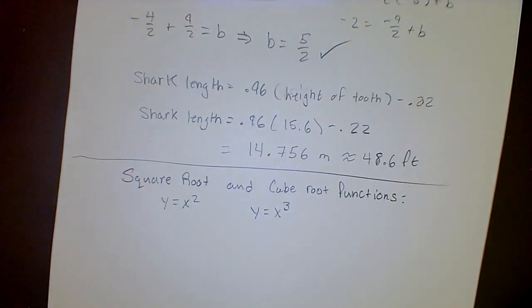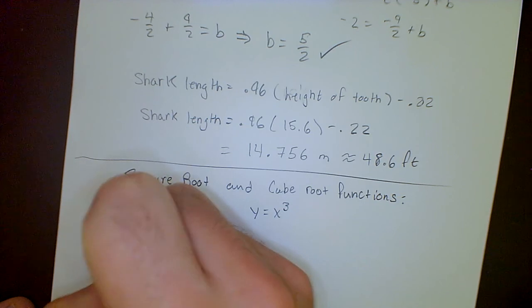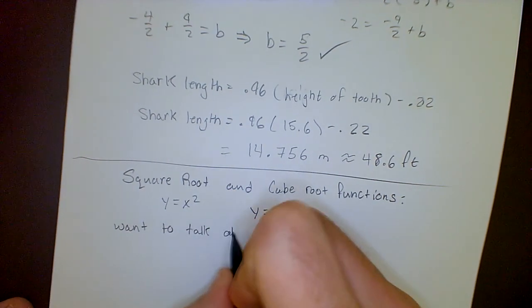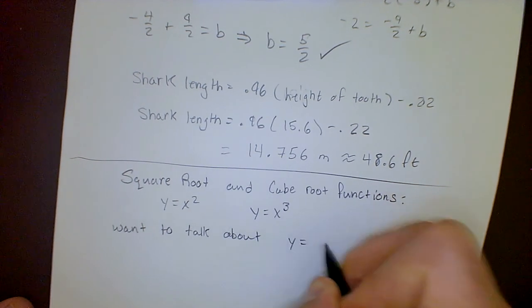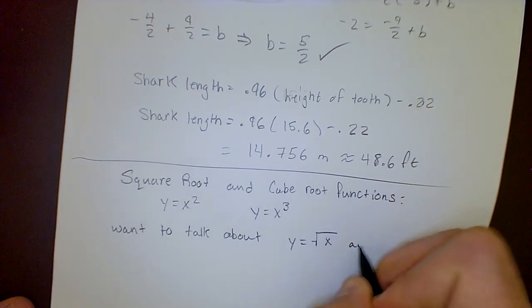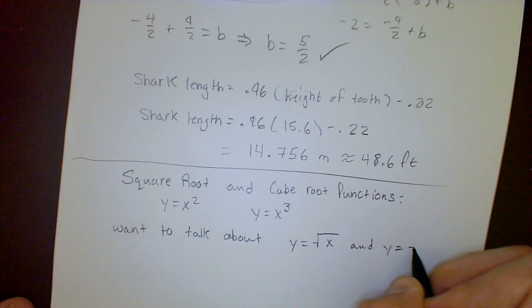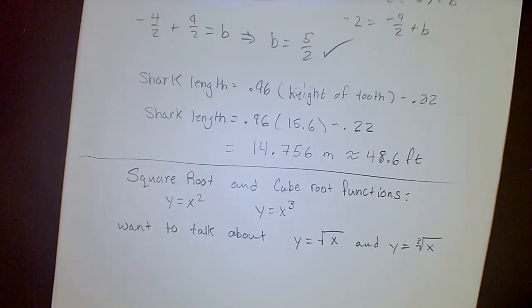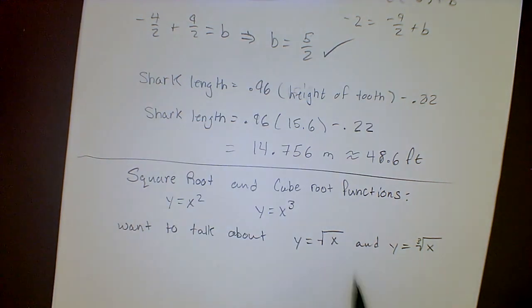But now we want to talk about y equals the square root of x and y equals the cube root of x. The key difference here is when you have an even root and an odd root. That's why we're talking about the 2 and 3. The 4, 5, 6, all these follow the same pattern depending on whether the power is even or odd.